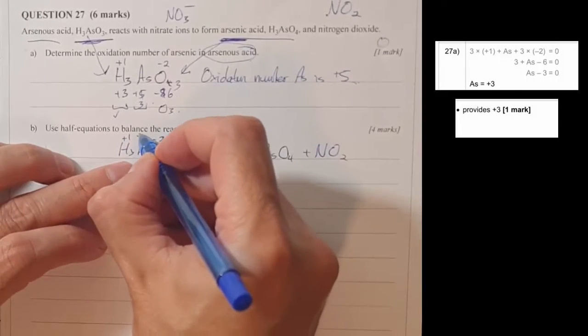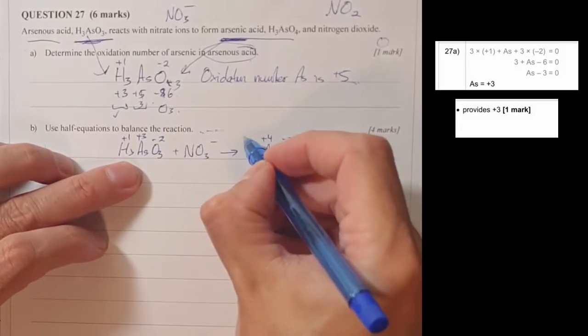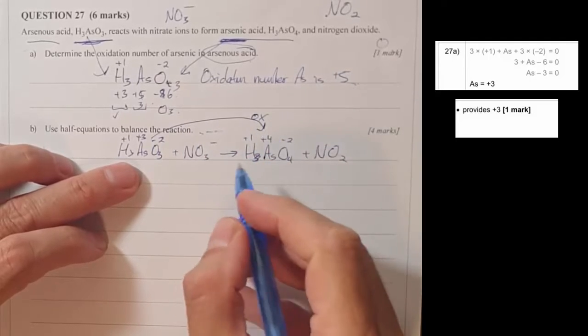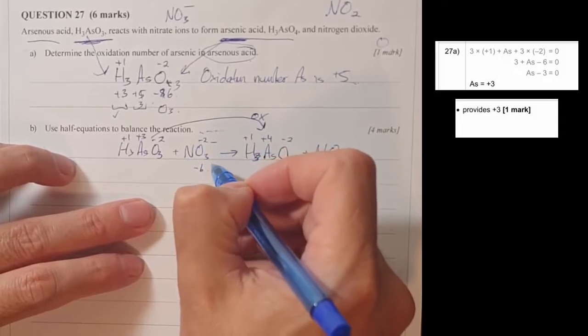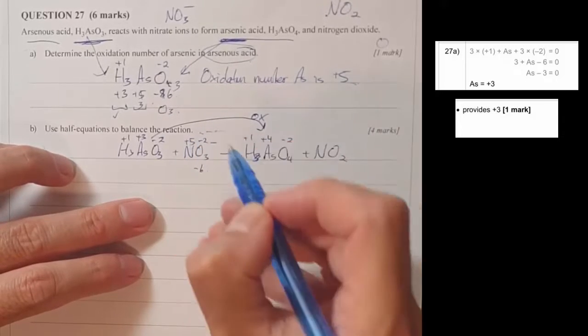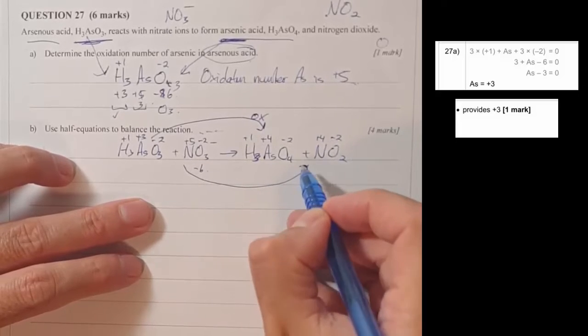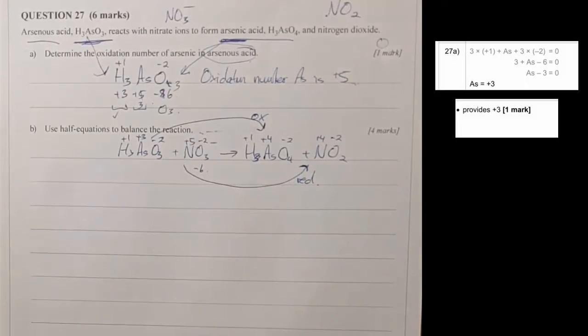This will be plus 3, and this one will be plus 4. So this one here must be oxidized, and this one here must be reduced. So that's minus 2, minus 6, so that must be a total of plus 5. And that's minus 2, that must be plus 4. So that one goes down 1, so that's reduced. Okay, so that all makes sense.